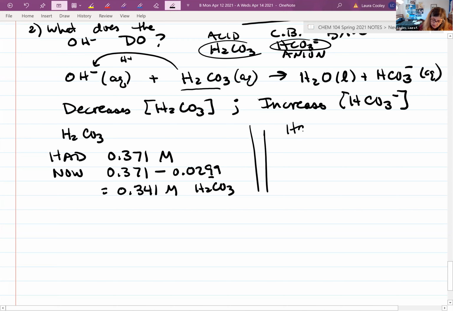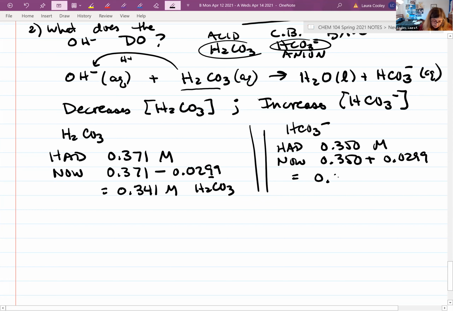And for the HCO3 minus, we had 0.350. Now we're going to add the 0.0299, and we get 0.380 molar.